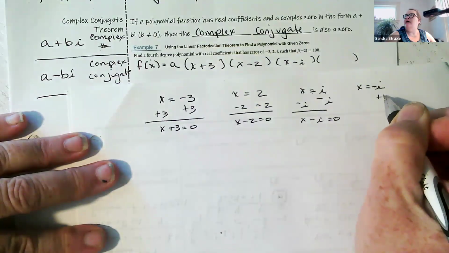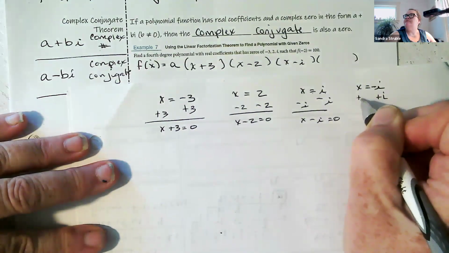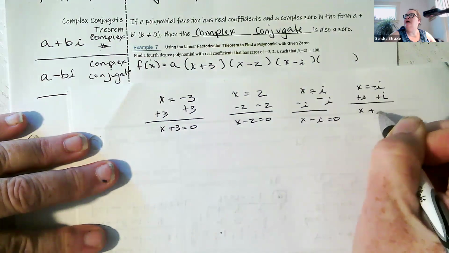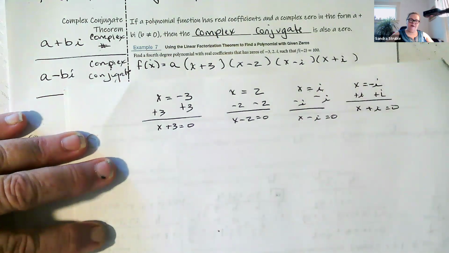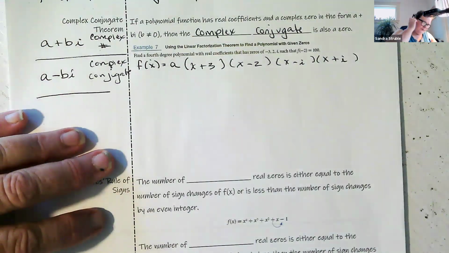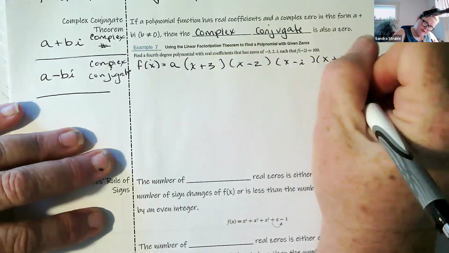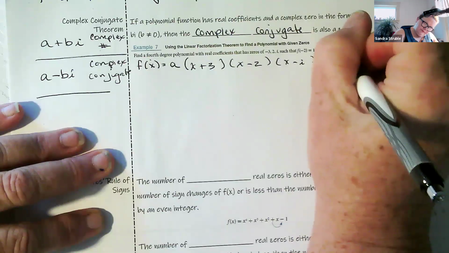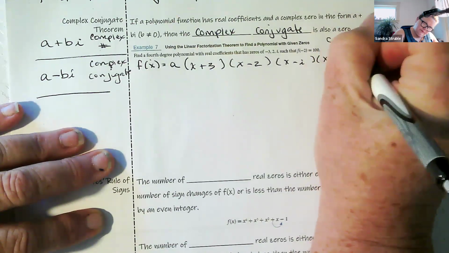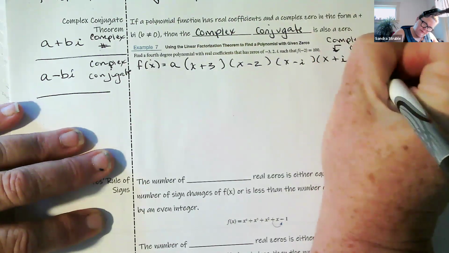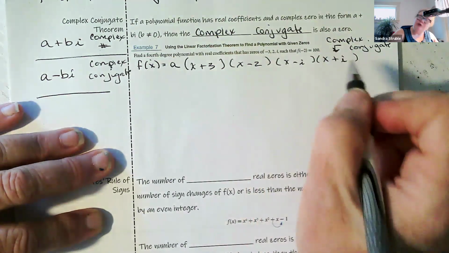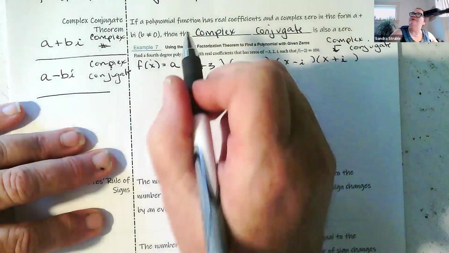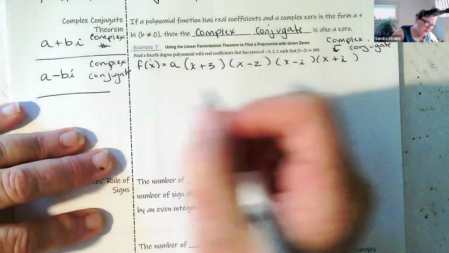So we need to add I to both sides. So x plus I is equal to 0. All right. This is our complex conjugate. Now they didn't list it in our zeros, but we knew we could use it because of this theorem. Somebody did the work for us.